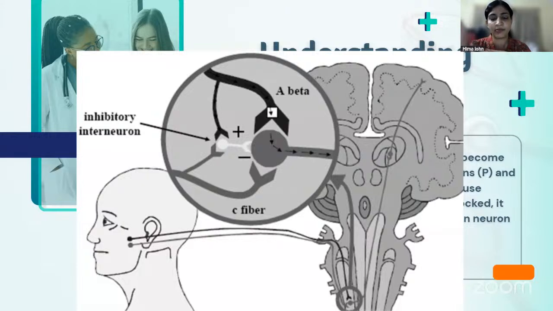That was probably 20 years ago, but in the last 10, 15 years, it has not been asked. So if a question comes, draw the pain pathway and how the pain initiates in your trigeminal nerve, you can probably just draw a nerve starting from your tooth, going up to the pons, and from pons to your hypothalamus and the cortex. If possible, draw. If you cannot draw, no problem at all.